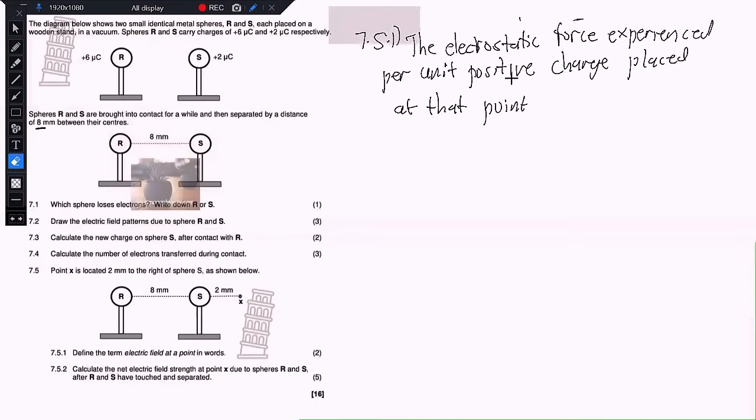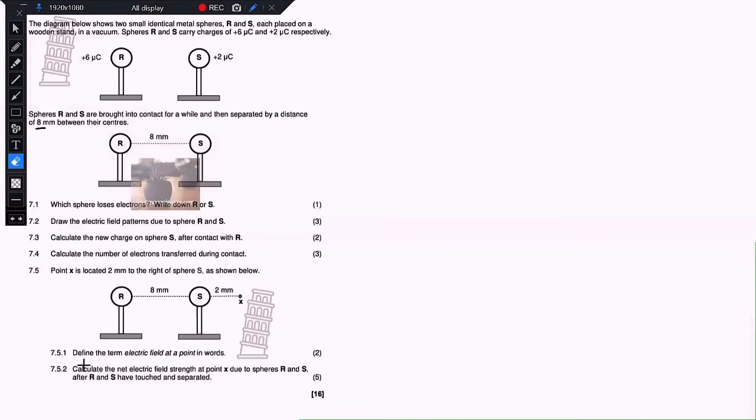Now, 7.5.2 is saying calculate the net electric field strength at point X due to the spheres R and S after R and S have touched and separated. So note that they say after they've touched and separated, meaning these charges here do not apply. This is always the catch with these questions.